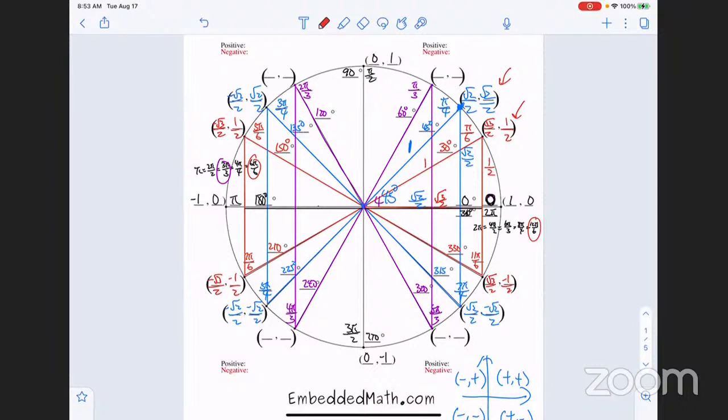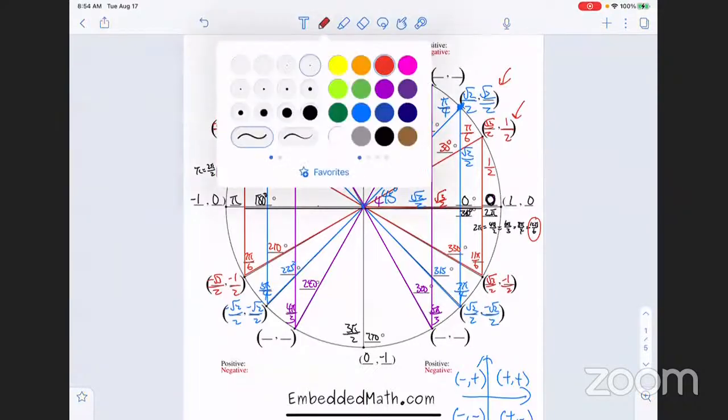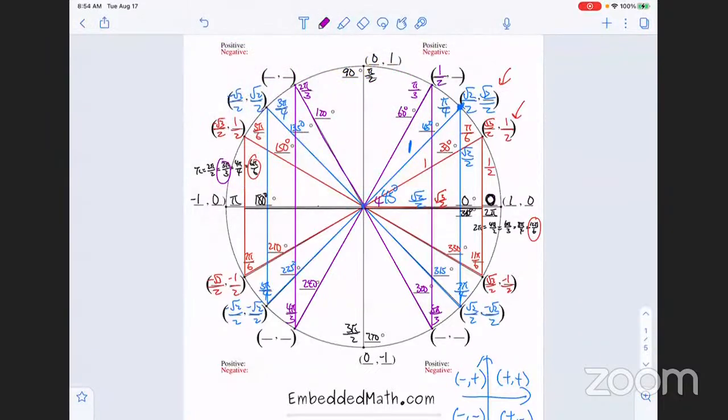And it turns out the red triangle is the same thing as the purple triangle. It's just that one is laying down and one is standing up. That means the x and y coordinates just switch. So that means this part is 1/2, and this part is square root 3 over 2.